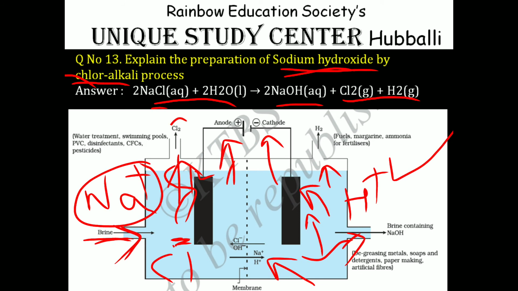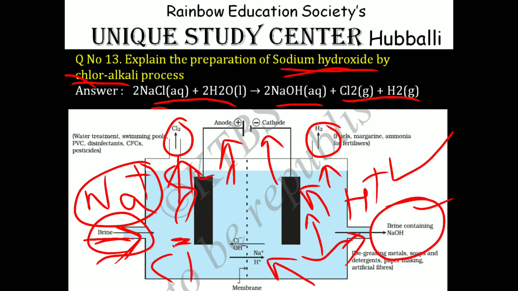Means chlorine and hydrogen gases are generated in this method along with the preparation of sodium hydroxide. Sodium hydroxide is prepared from brine, NaCl, dissolved in water, along with the generation of hydrogen and chlorine gas.